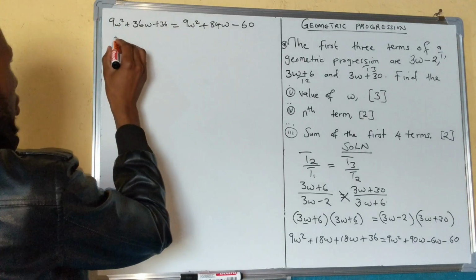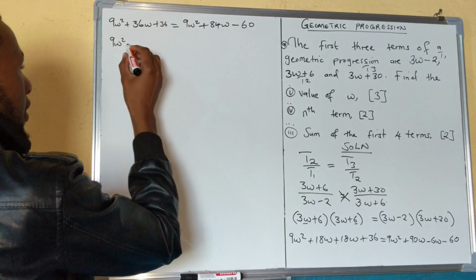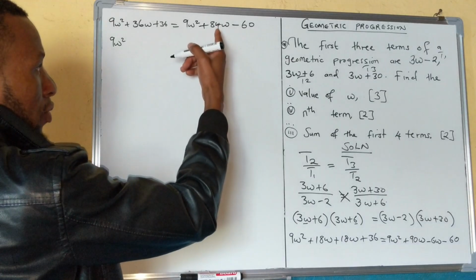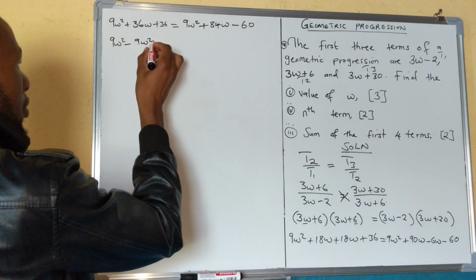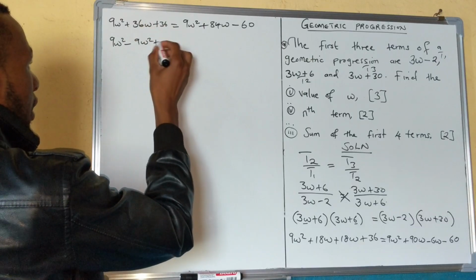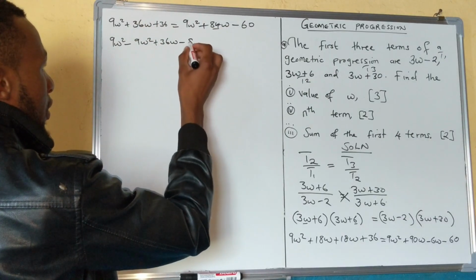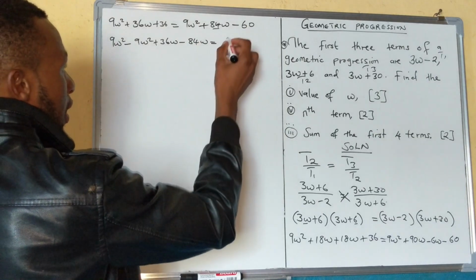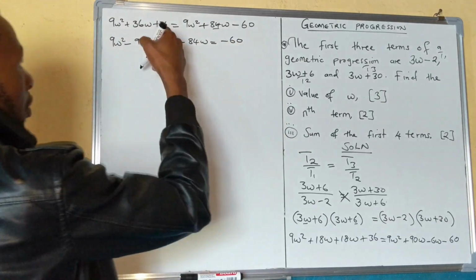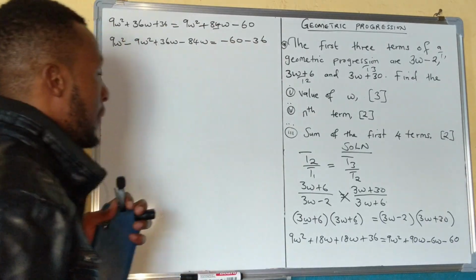So the 9w squared goes on the other side, and all the terms with variables go on the left. So minus 9w squared, then plus 36w, then minus 84w, equal to negative 60 on this side. When the 36 crosses, it becomes negative 36 on the other side.